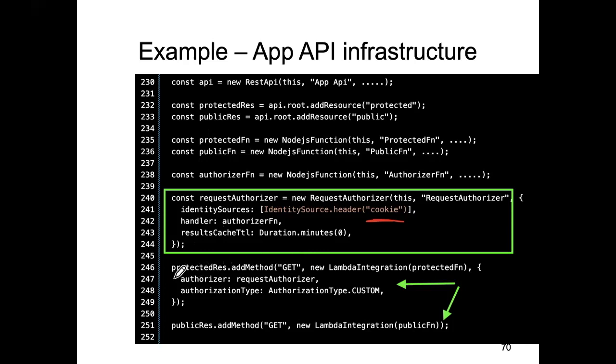And this line here is what actually makes that particular method of that particular route protected, because it has to go through the authorizer before it can actually be invoked. So what I've just encircled there is the key hook in my API gateway configuration that makes a particular route protected or public.